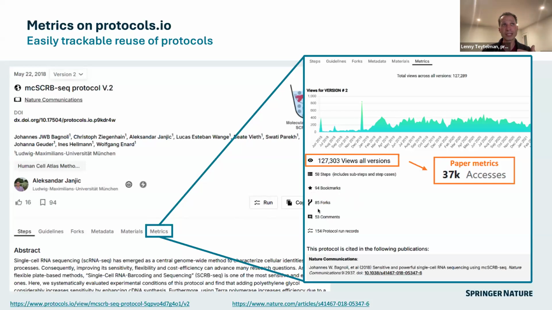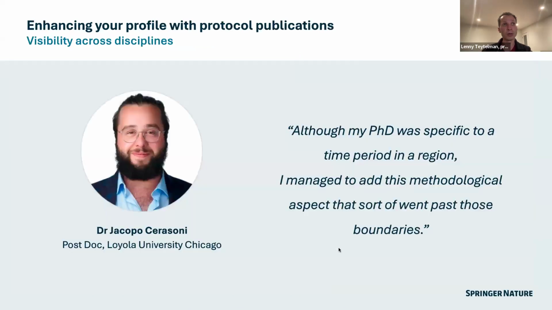So everything we can see about the use and reuse, if we catch that your protocol was cited in any publication, we add it to the metrics tab. So we're trying to report to you and to people that might be using your protocol everything we know about the use and attention and reuse of your protocol.